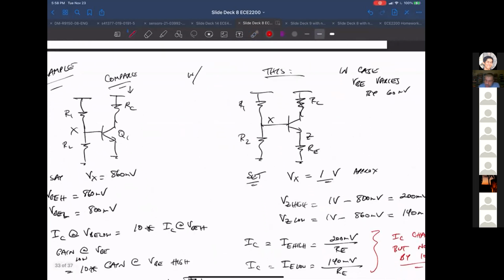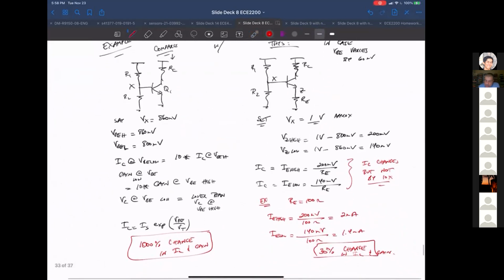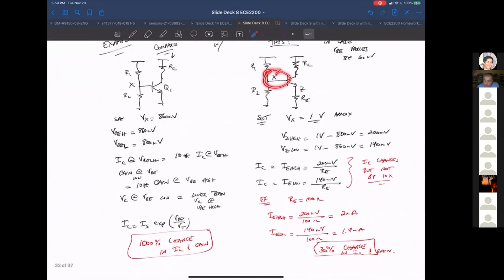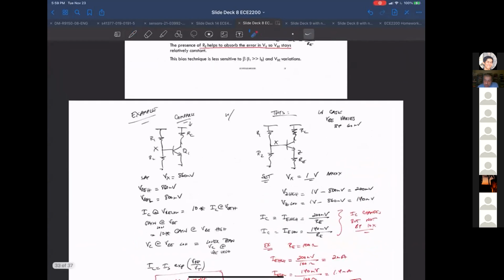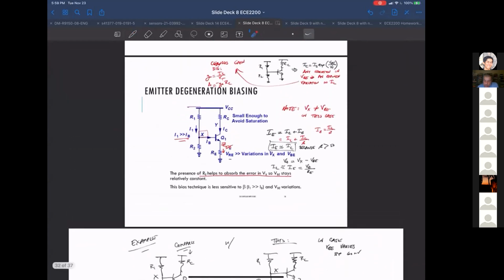Even if V sub X varies and V sub BE varies somewhat, R sub E basically gives you a linear dependence on that change rather than an exponential dependence. Okay, does that make sense, guys? Any questions about that? That's a really, really important point.